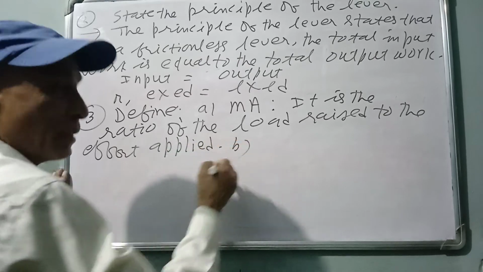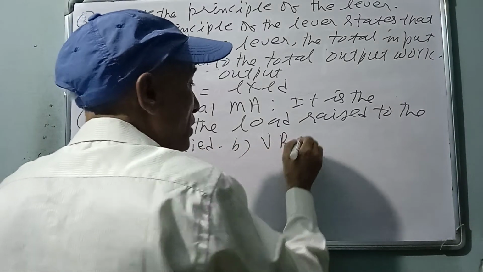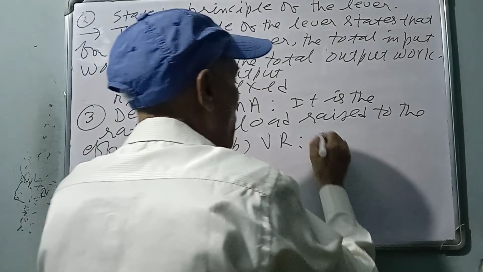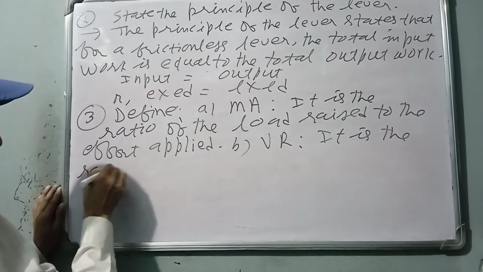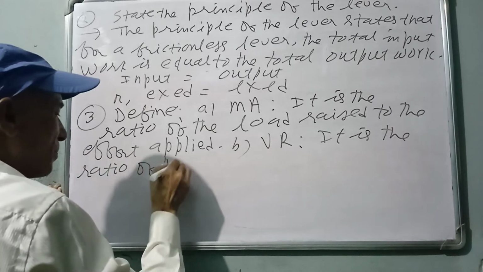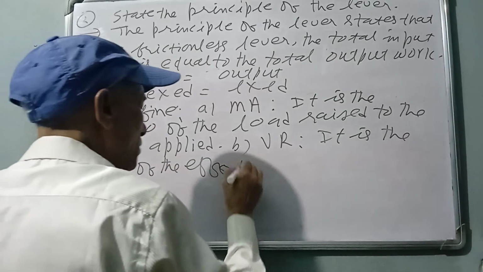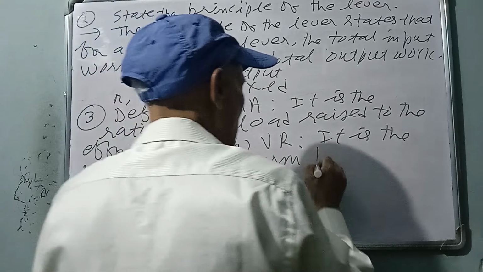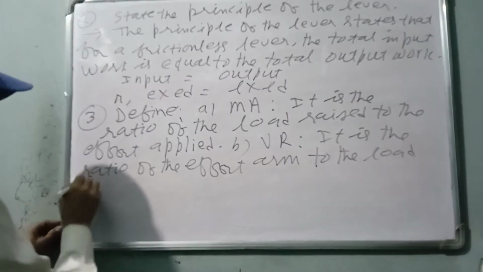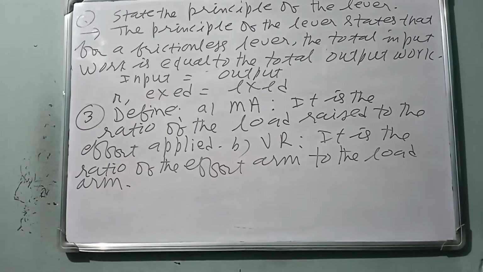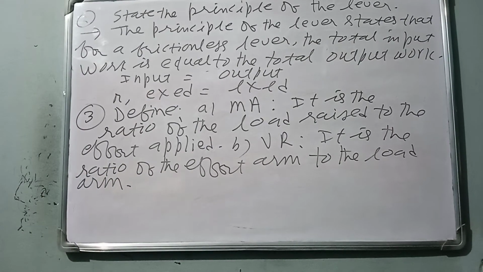Number 1. B number, VR, velocity ratio. VR for velocity ratio. It is the ratio of the effort arm to the load arm. It's the ratio of the effort arm to the load arm.